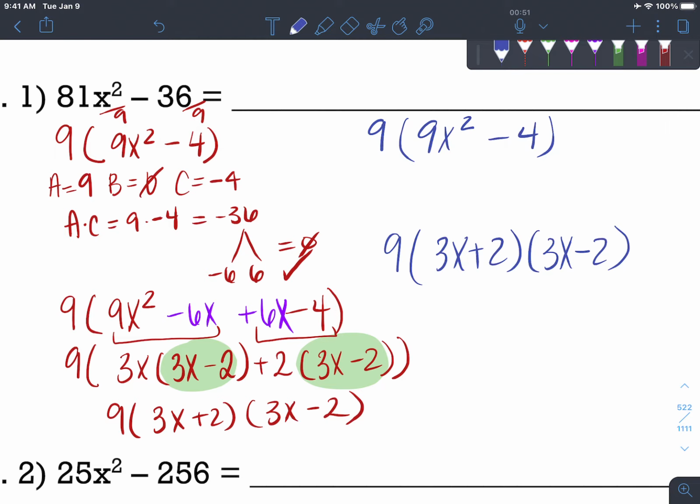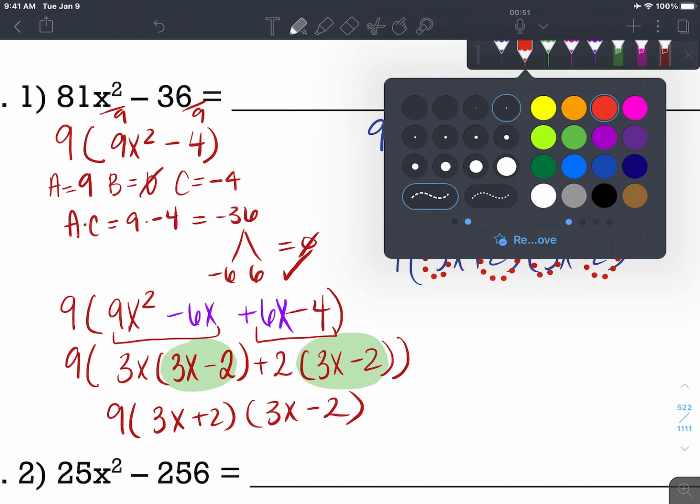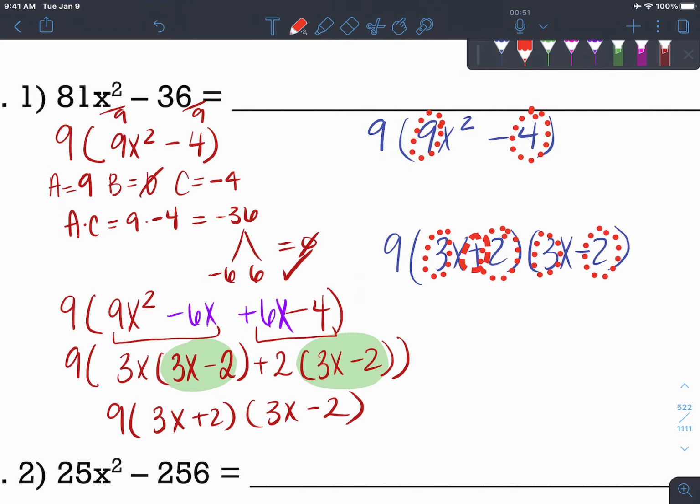All right. So if I'm looking at this, I see here that this 3 is the square root of the 9. And funny enough, these 2's are just a square root of 4 with alternating signs.